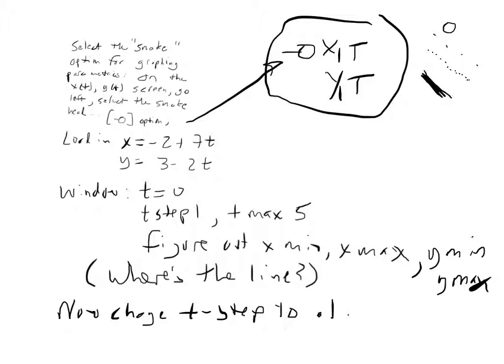Go ahead and do that and see if you can hit graph and see the line sketched out. You should be able to see it, and it's going to move very quickly because your t-step initially was 1. Do the same thing again. Go back and hit the window key and change your t-step to 0.1, and it's going to trace out the graph, the head of the graph, more slowly.